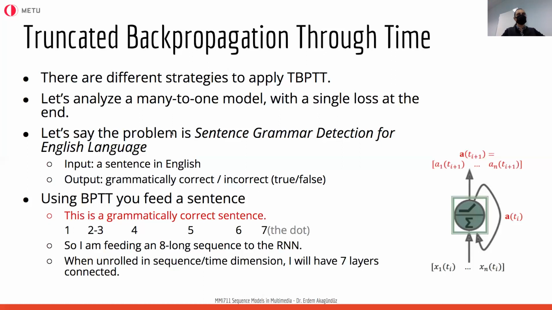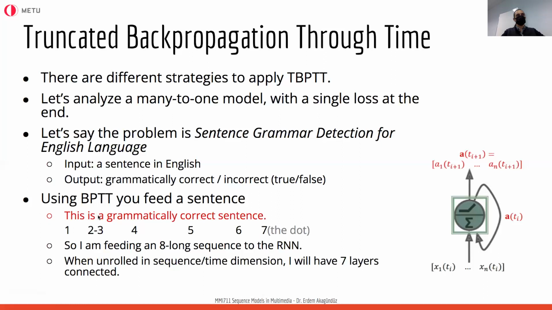So the input is a sentence in English, and the output is whether that sentence is grammatically correct or incorrect. Actually, you have this in Google. You have this in Word for many years. MS Word was not using a sequence model previously, but it is now. So this is a grammatically correct sentence, and the dot.